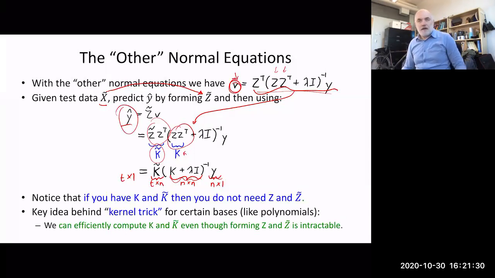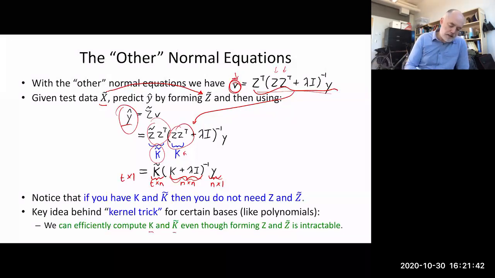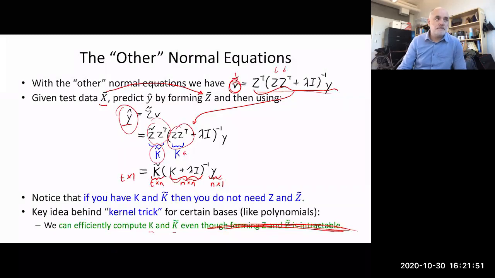The kernel trick is the name given to methods that allow us to efficiently compute k and k tilde without ever forming z and z tilde. We're just never ever going to form them. And the computation of k and k tilde will actually be efficient. In particular, constructing this will be efficient.